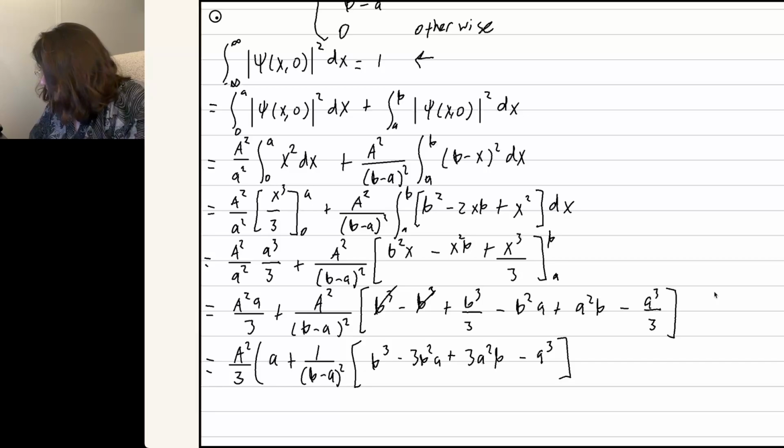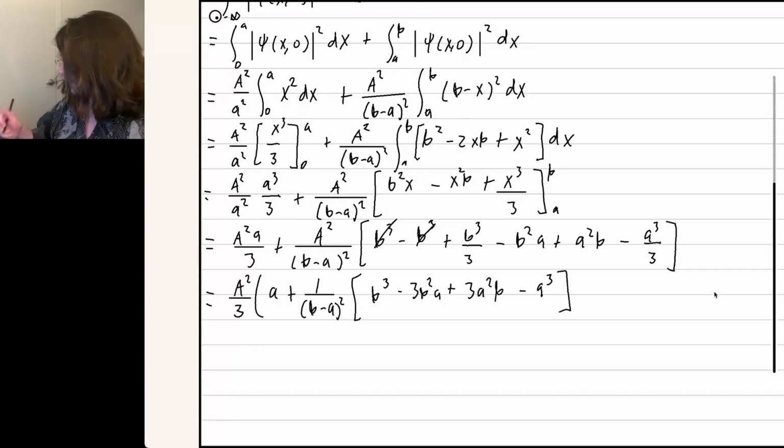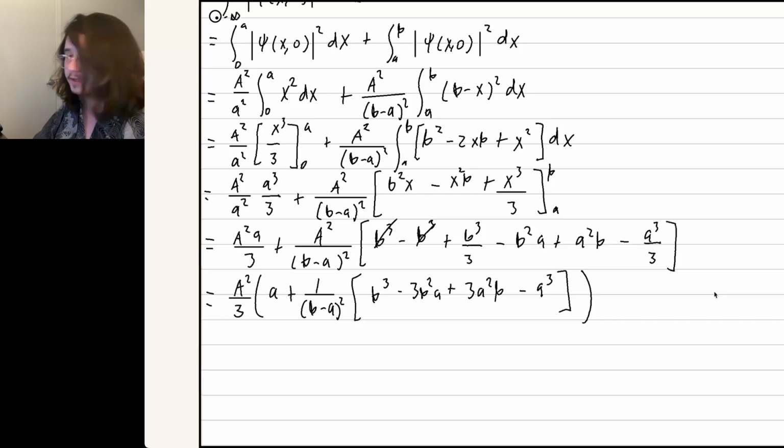At this point, it's good to recognize that the stuff inside the brackets is actually just (b minus a) cubed. So I'm just going to prove that real quick.